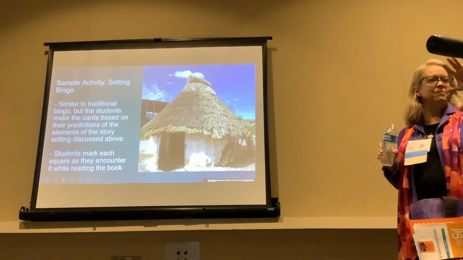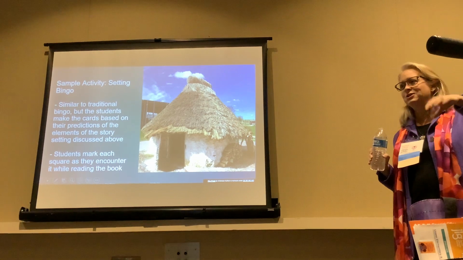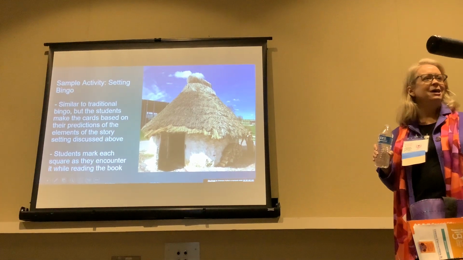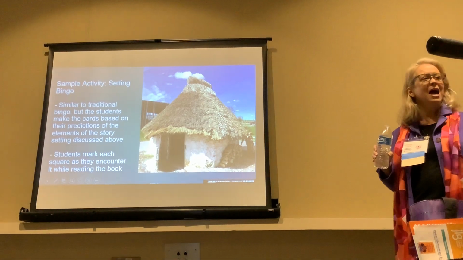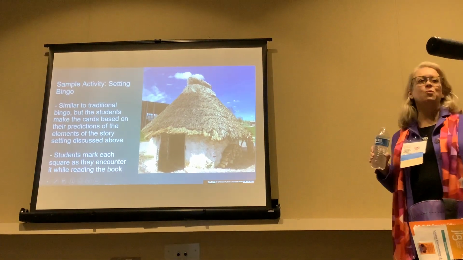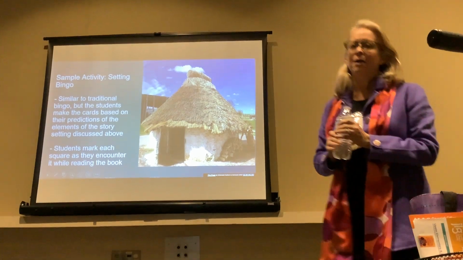And then the students, with a list of words, create their own bingo sheets. So they use predictive analysis, and then the first person to, horizontally, vertically, or diagonally wins. And it's a great way to get your students really excited about exploring and making predictions about the setting.